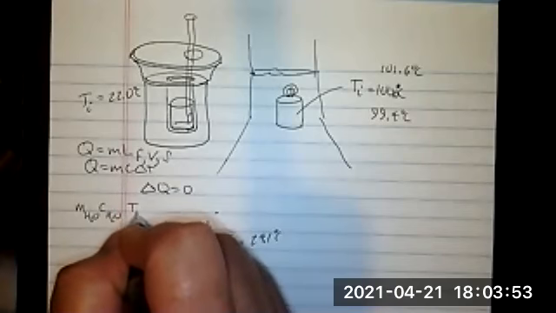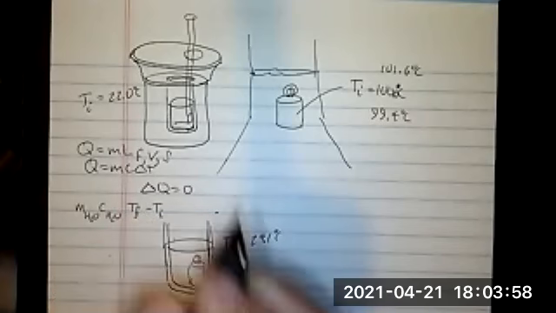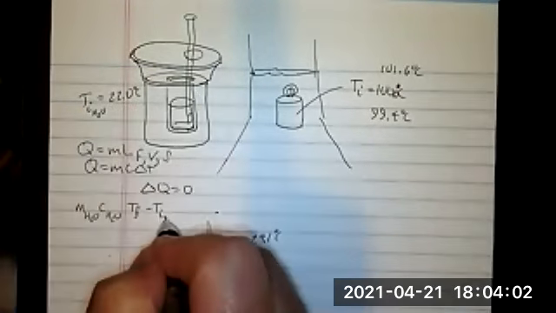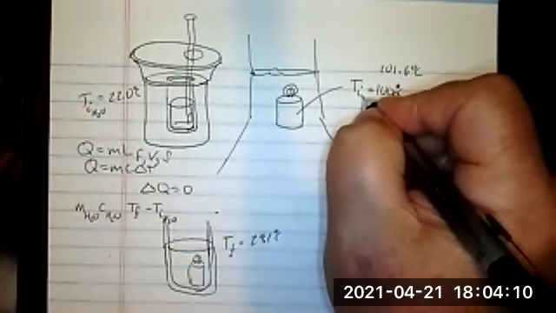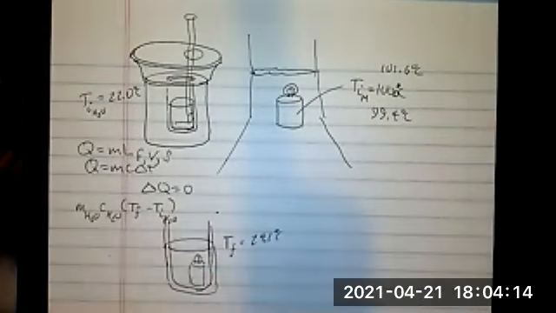So I'll say T final minus T initial, and I'm going to say this is H2O. Okay, this T final is the total final temperature of everything, so I don't need another subscript. This is T initial for the metal. So that's the MC delta T for the water.